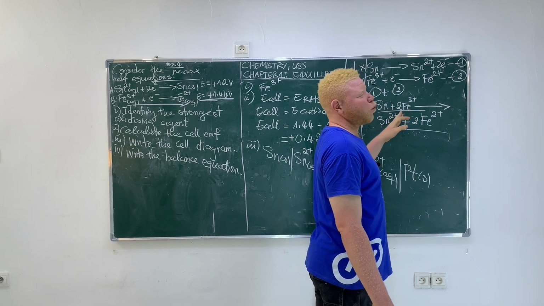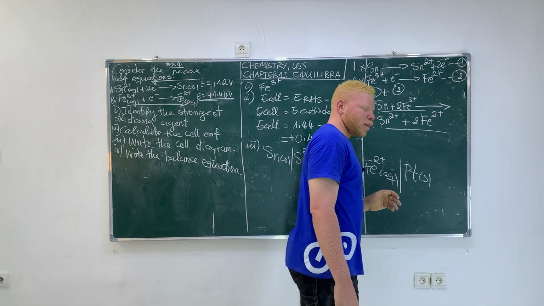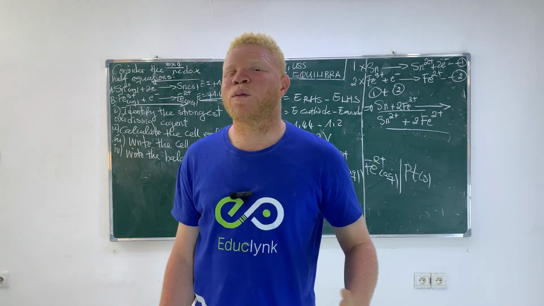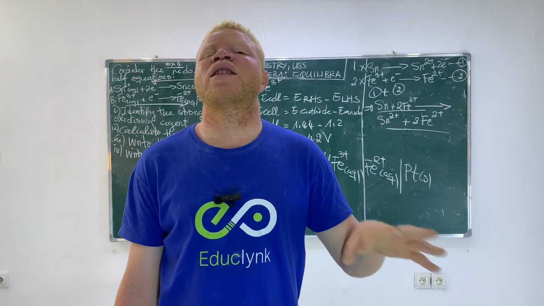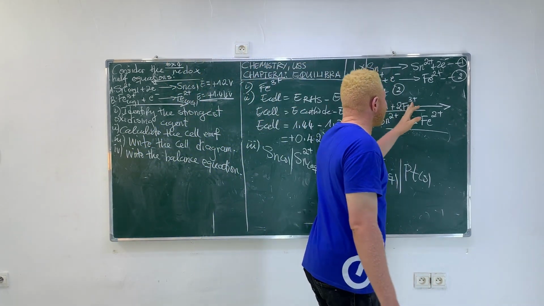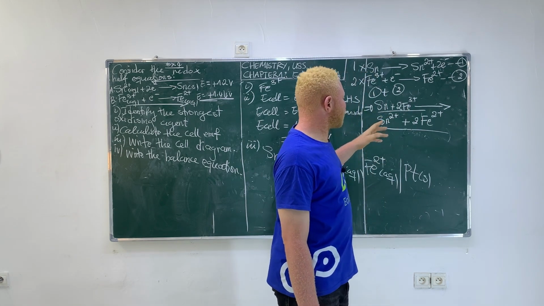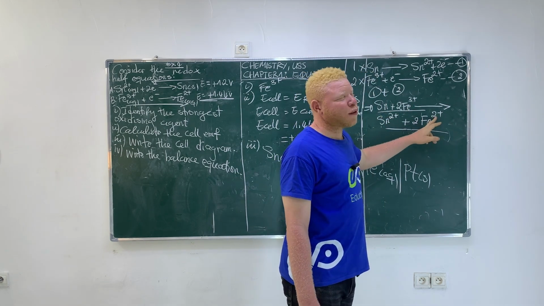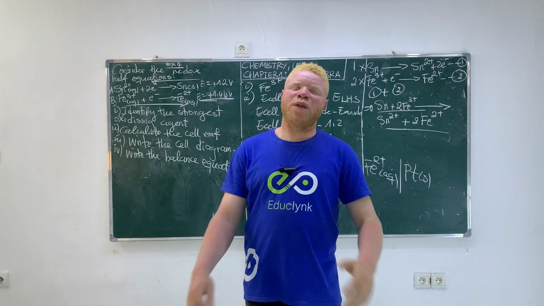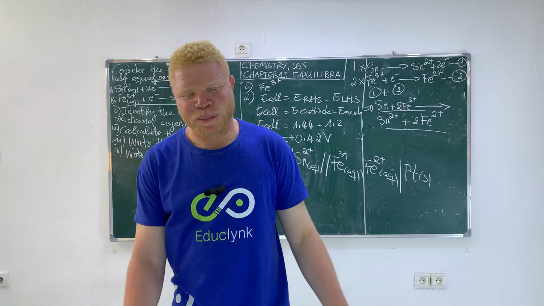Iron, yes, you have 2 irons on both sides. So should we stop here? We shouldn't stop here because of the charges. You have to check also the charges. So checking the charges now: you have 2 times 3, 6. On the right, you have 2 times 2 is 4, plus 2 is 6. The equation is perfectly balanced.